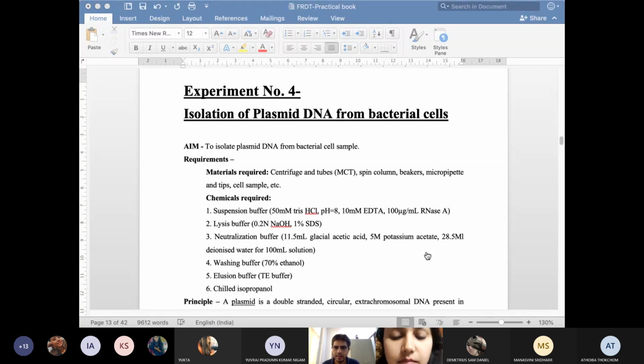Sahiba. Present, sir. Sanjana. Present, sir. Shakti. Present, sir. Shivani. Present, sir. Tanvi. Present, sir. Tridev. Vivek. Yukta. Present, sir. Yuvraj. Present, sir. All are present today.